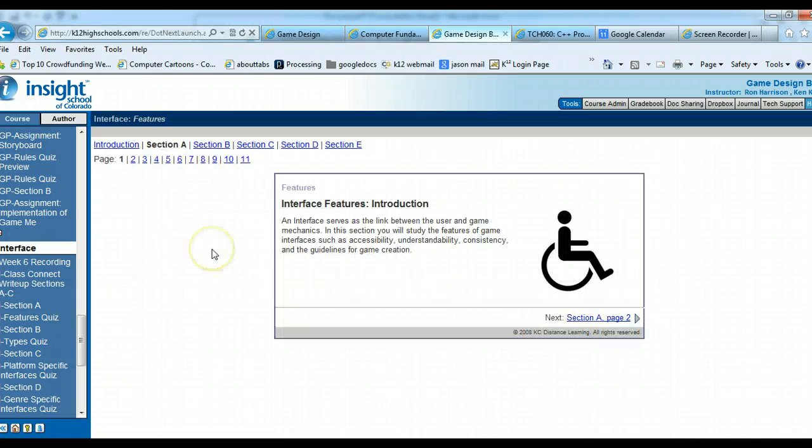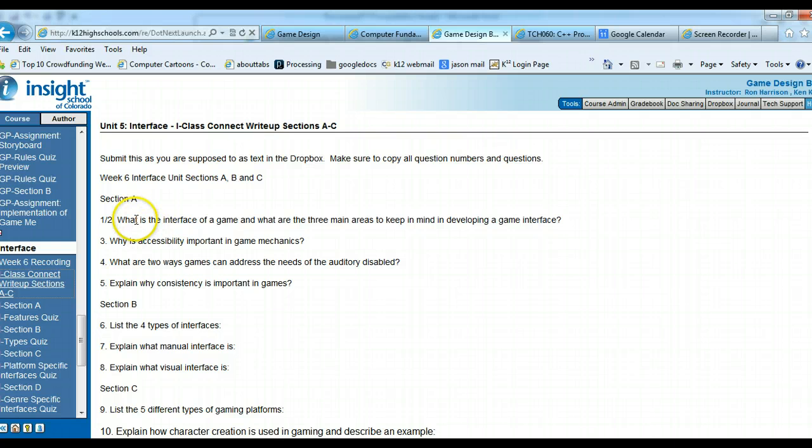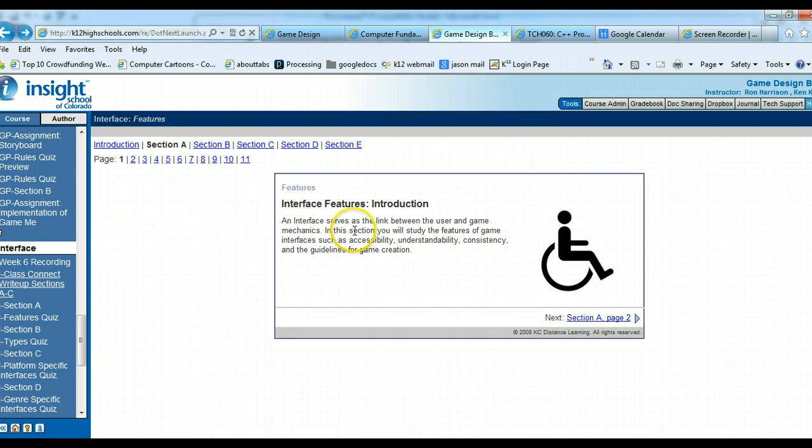All right, section A. We're going to start talking about usability features. And before we do, of course, I want to get into the write-up. The write-up says, what is the interface of a game and what are the 3 main areas to keep in mind in developing the game interface? Well, the interface is the link between the user and the game mechanics. So essentially, it's the link between the user and the game itself.